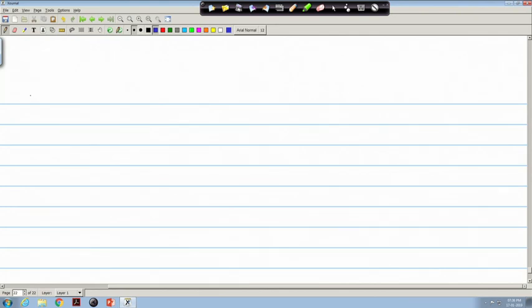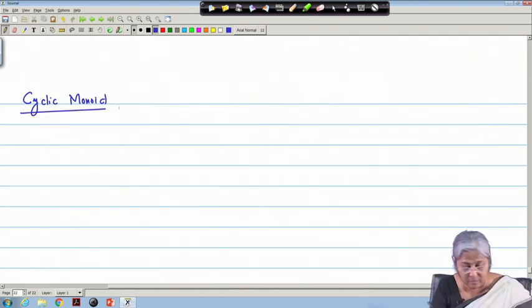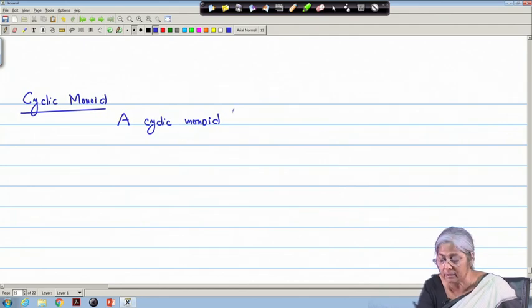So, we can define the cyclic monoid. Just now, the way we have defined the algebraic system, only now we are considering a monoid.